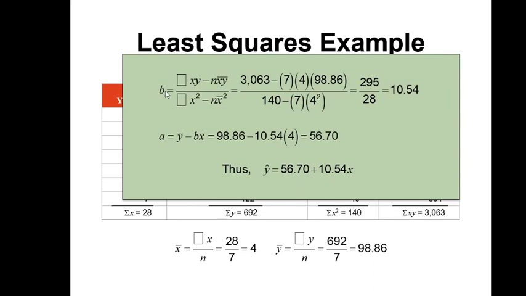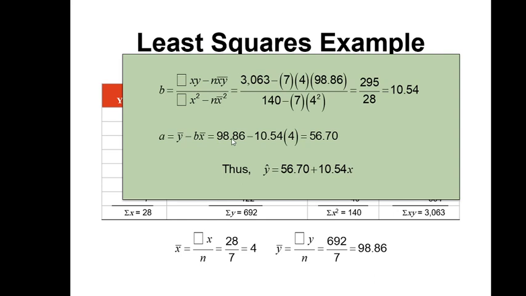It's easy. We just have to substitute those values that we have calculated in order to find the value of B. Remember, we always have to start by calculating the value of B, because it will be substituted when we are looking for the value of A. So the value of B will be 10.54. Now it's easy to calculate the value of A, which is equal to Y bar minus B multiplied by X bar.